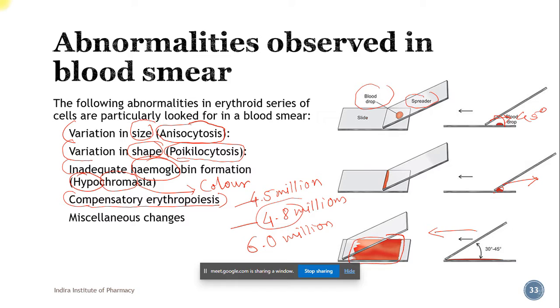In order to compensate, the red bone marrow starts producing more RBCs, which are released into the circulation, and this excess number of RBCs tries to make up the lost amount of oxygen carried by the blood.